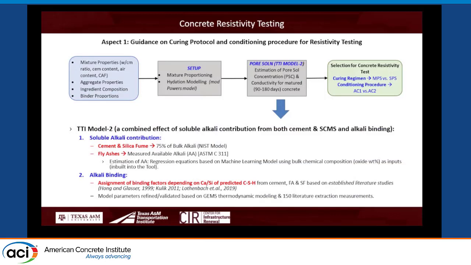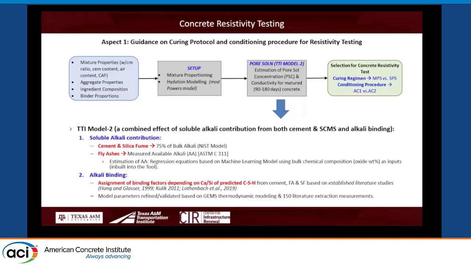in the Excel tool, the hydration model is already there, and the equations are already there. So it models the hydration behavior depending on those inputs. Now, this is very important. We developed what we call pore solution model 2. We estimate the pore solution. It considers soluble alkali contribution from cement, silica fume, and fly ash.